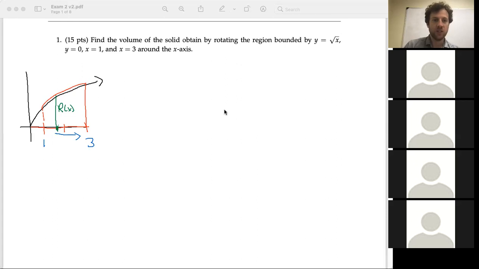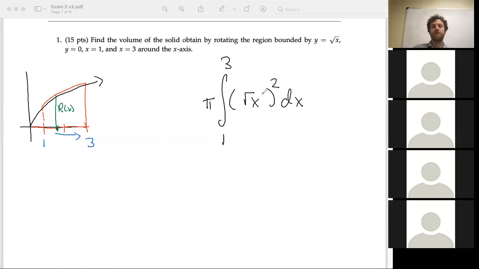So with all these pieces, we can say, well, we're integrating from 1 to 3. It's a dx integral. Then there's a pi times the radius squared. The radius is the square root of x function. And with a little simplifying, this is pi times the integral from 1 to 3 of just x.